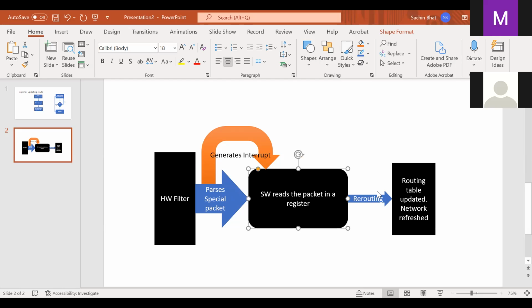Once this rerouting algorithm is done, it will update the routing table based on the information detected. All this is taken care of on the software side, and all the detection and communication of this packet, or of this IP address, and passing of these special packets is taken care of by the hardware, which Manoj and Biao are going to explain.